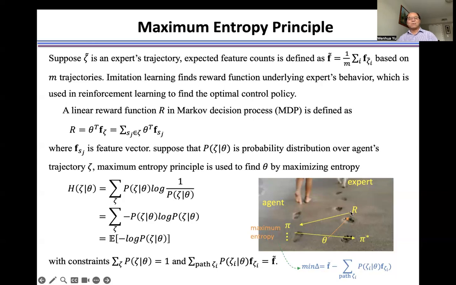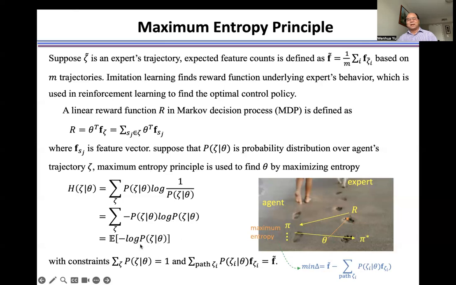To solve this problem, we define P as the probability distribution over the agent's trajectory. And then we use the maximum entropy principle to find this P and make this entropy maximum.